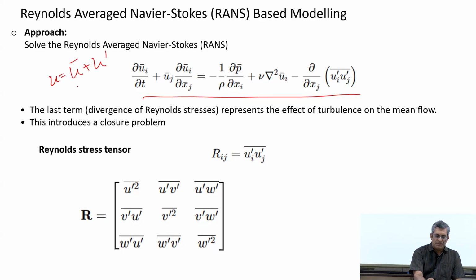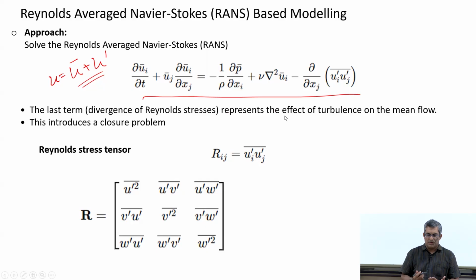If we introduce this to our continuity equation and momentum equation, then we can express those equations in terms of the mean parameters. For example, the Navier-Stokes equation can be written as shown here.